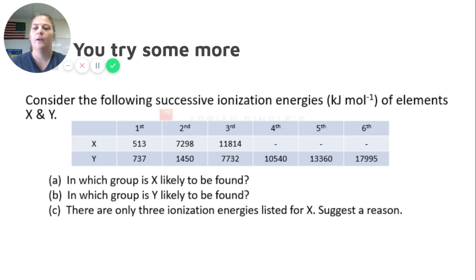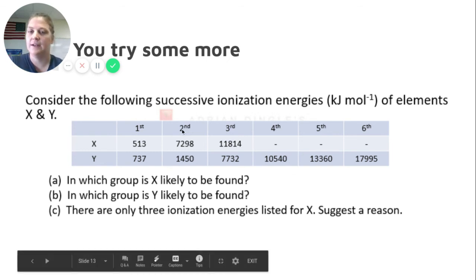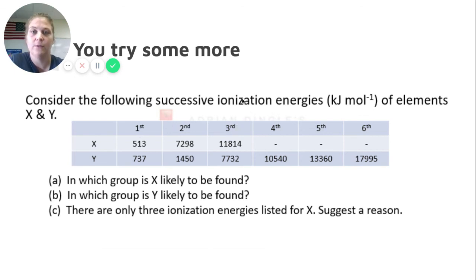Okay, for this one, we have our ionization energies, our first, second, third. This chart looks a little different than the chart that was in the notes a few slides ago, but as we've learned with AP things, they don't always look identical, so I wanted to show you a variety of ways to look at it. So element X, you can see their ionization energies, and only the first through third.